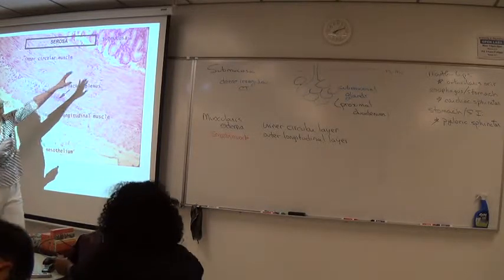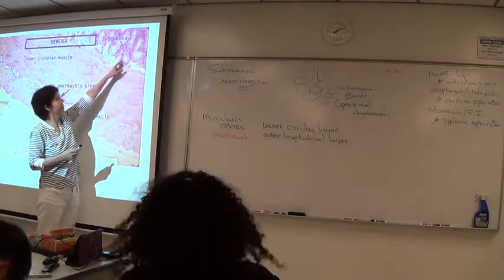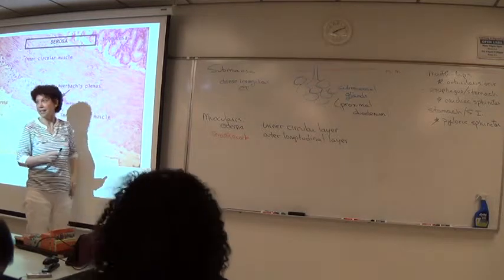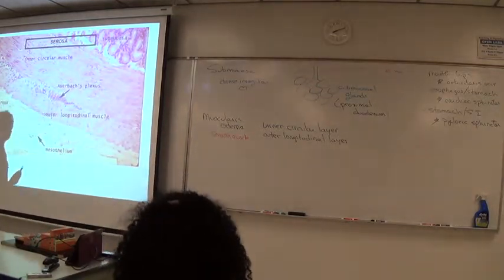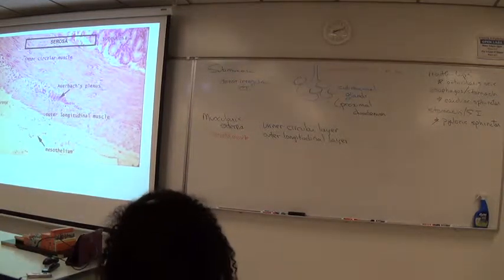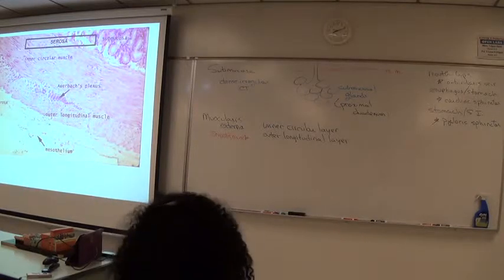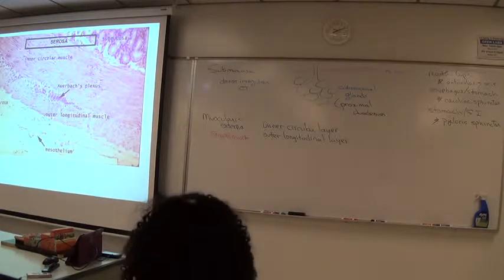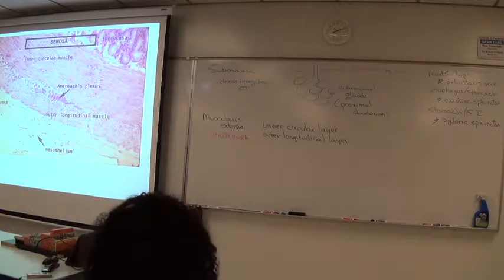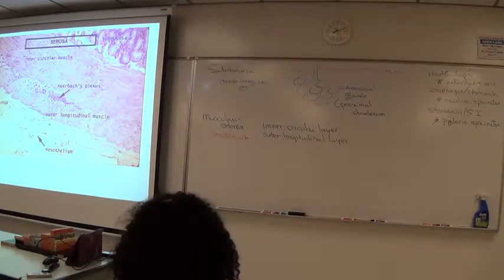So here we have the submucosa. Now, notice those glands. So where do you think this has been cut? All you can see are those glands. Those are not intestinal glands. They would not be that close to the inner circular layer.